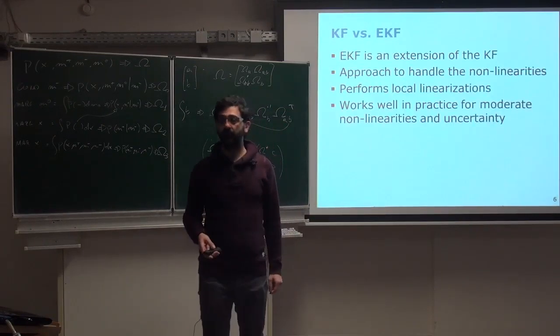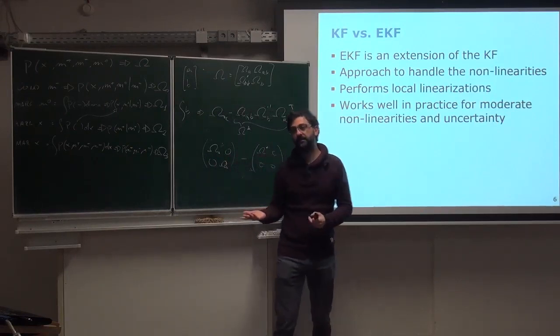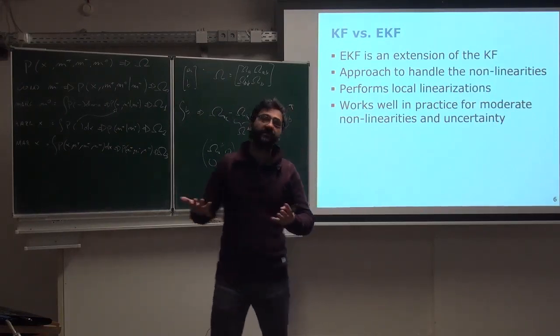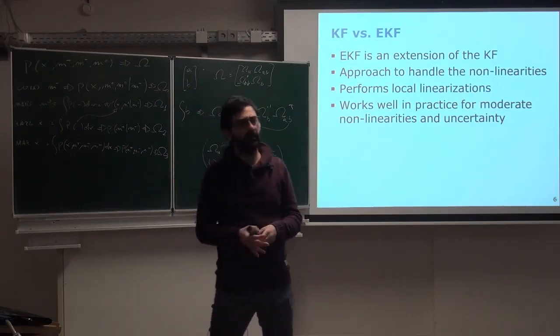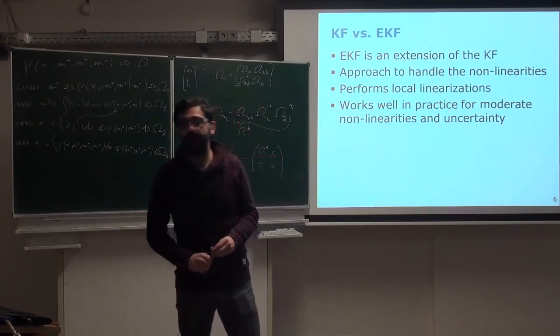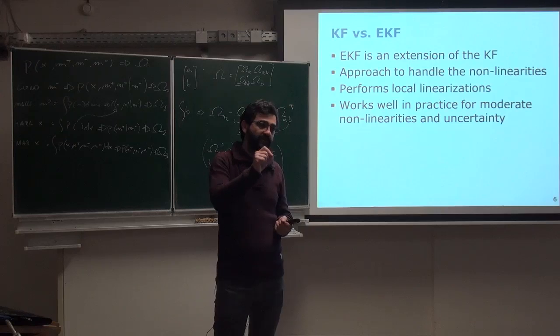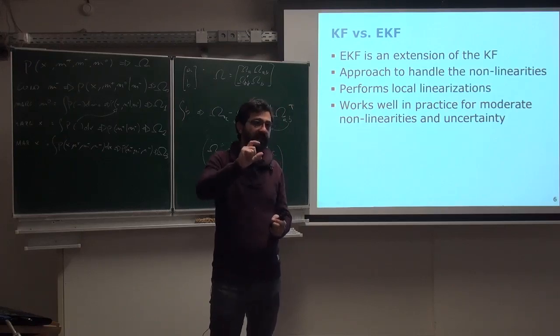If we now look at the differences between the two, the extended Kalman filter is a quite popular way of handling nonlinearities for the Kalman filter. It does some local linearization. There are also some twists of the Kalman filter where, for each step, you re-linearize multiple times.